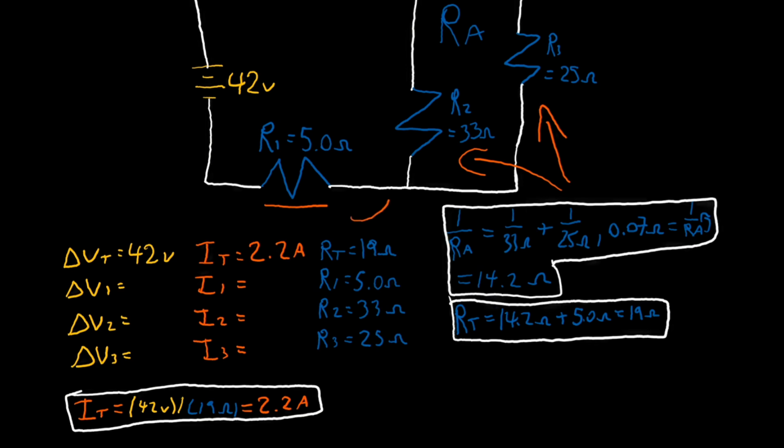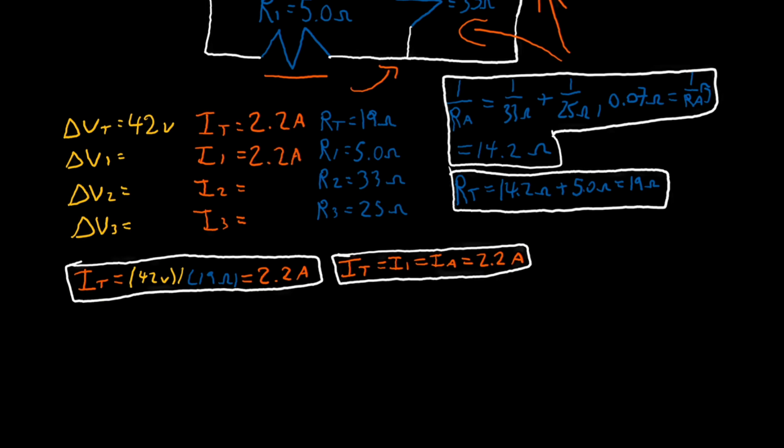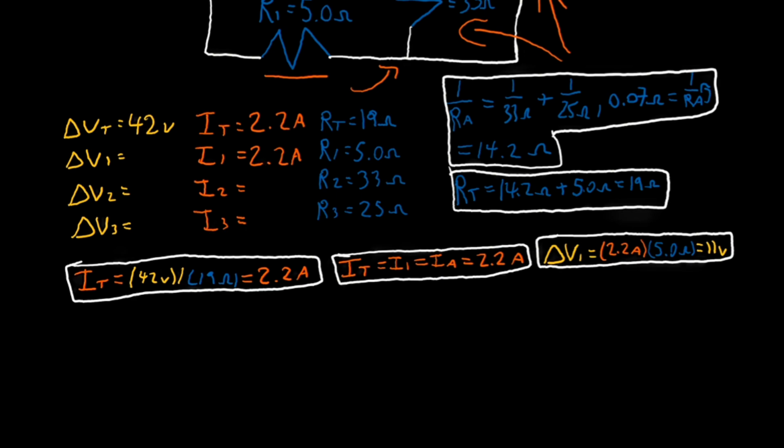And if R1 is in series with RA, then that means IT equals I1, which equals IA, which all equal 2.2 amps. Now we can find the voltage at the first resistor. So V1 equals 2.2 amps times 5 ohms, giving us 11 volts.